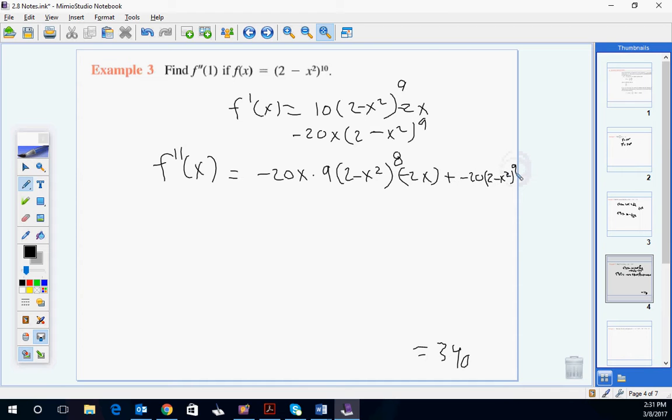Like that. So I simplify everything here. Negative 180, so positive 360 x squared.